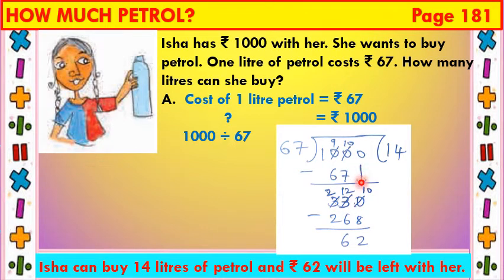Put this 0 down. Now 67 4s is 268. Now find the difference between 330 and 268. The remainder comes out to be 62. So Isha can buy 14 liters of petrol and rupees 62 will be left with her.